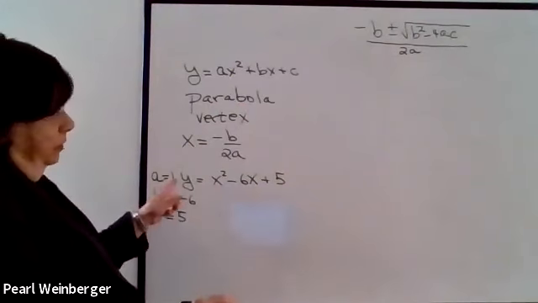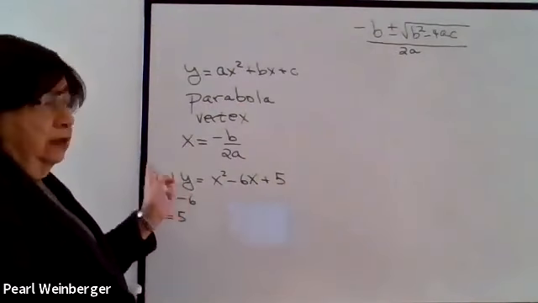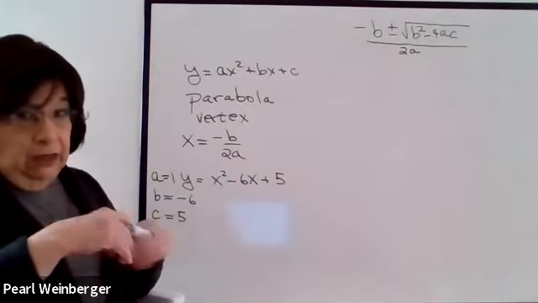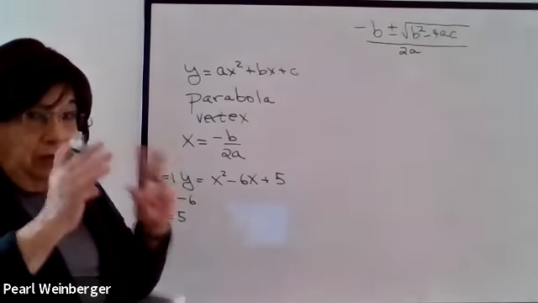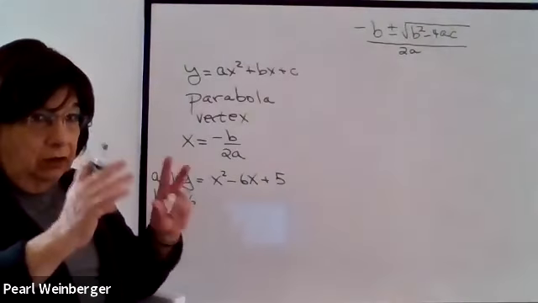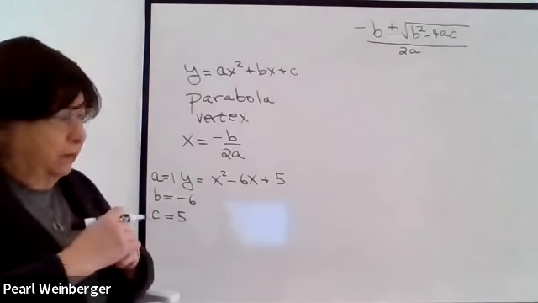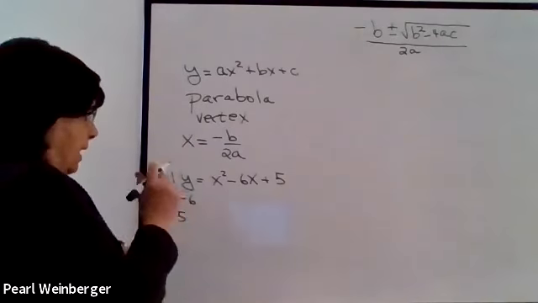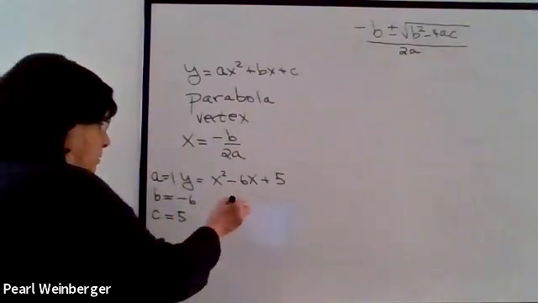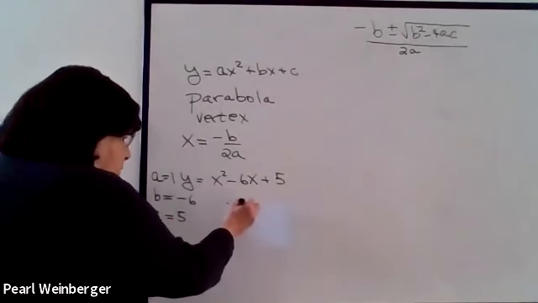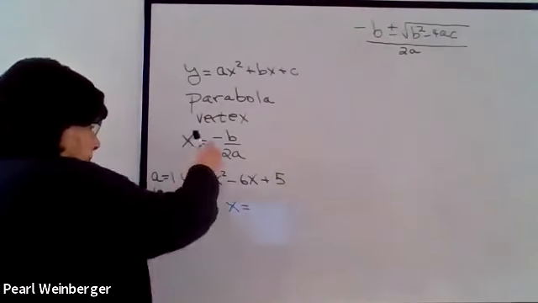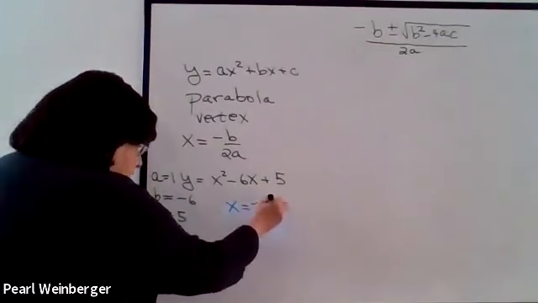First of all, I know that the A is positive, which means I have a parabola that's going to be opening up. It's going to look like a smile. It's positive. How do we figure out the vertex? So I do x equals -b. So it's -(-6).